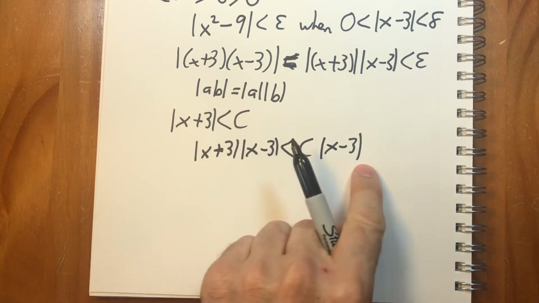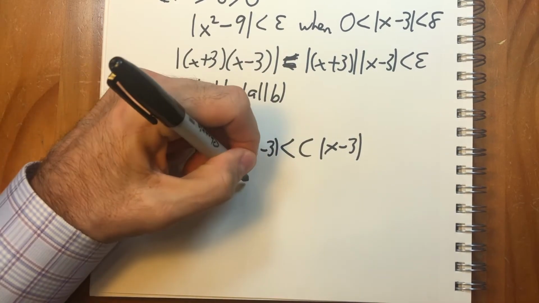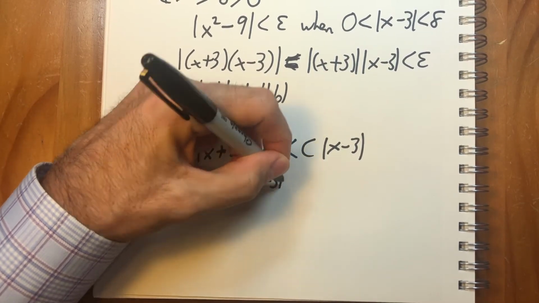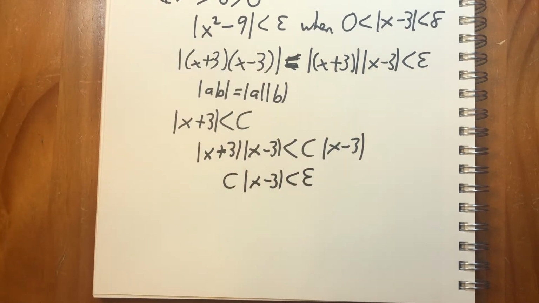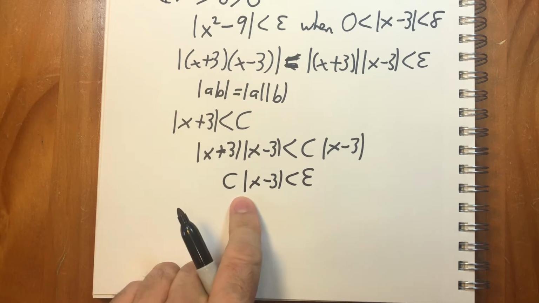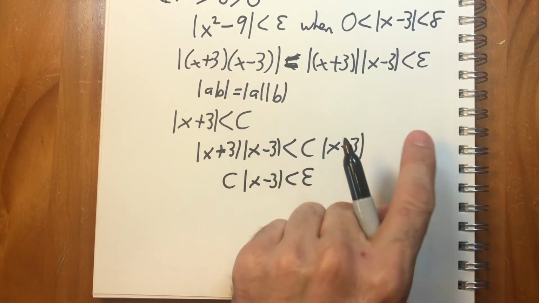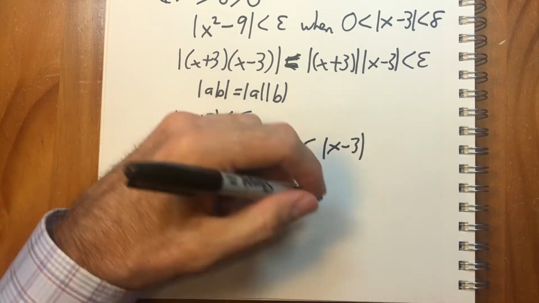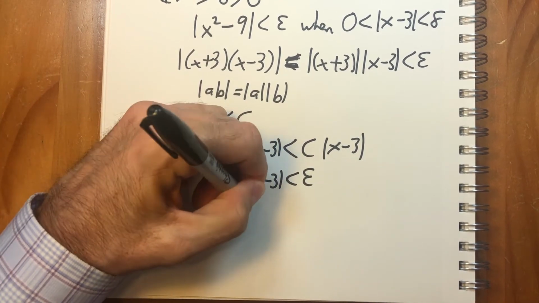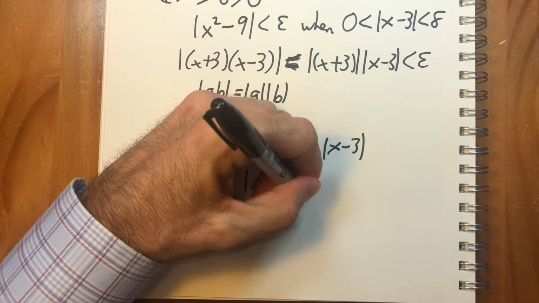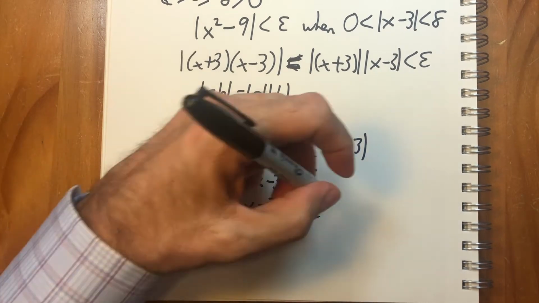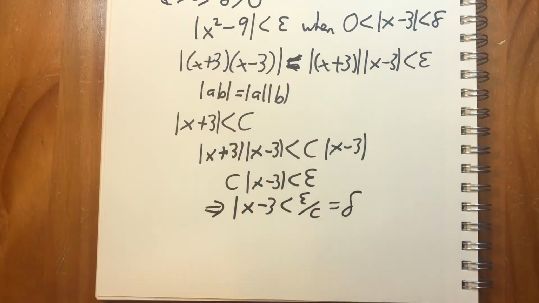So what we need to do is to make sure that c times |x minus 3| is less than epsilon. And remember, what we're looking for is to pick delta. Well, if we want to keep this less than epsilon, and we know that |x minus 3| is less than delta, if we divide through by c, then we'll have that |x minus 3| is less than epsilon over c. And we can set that equal to delta.